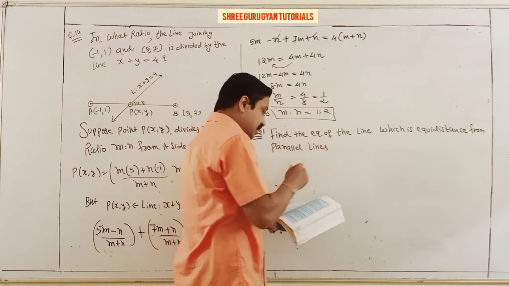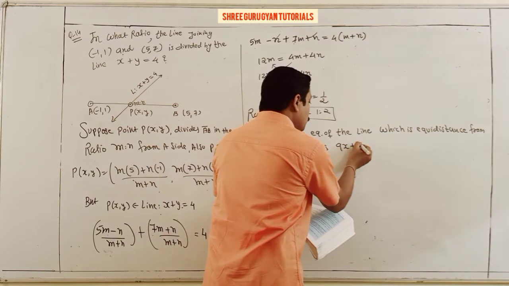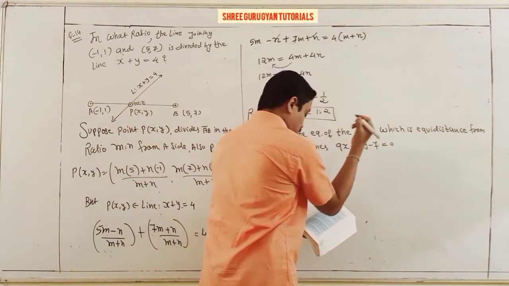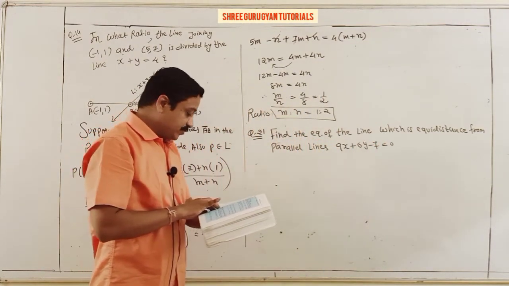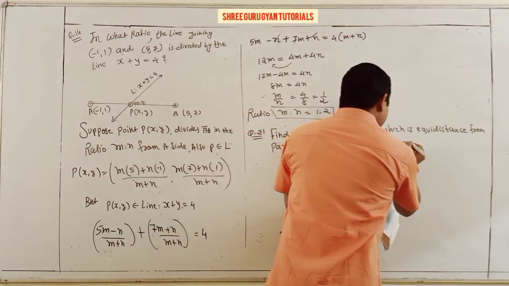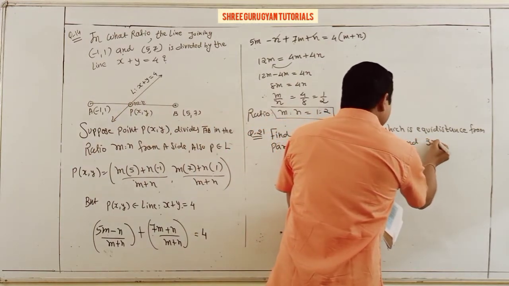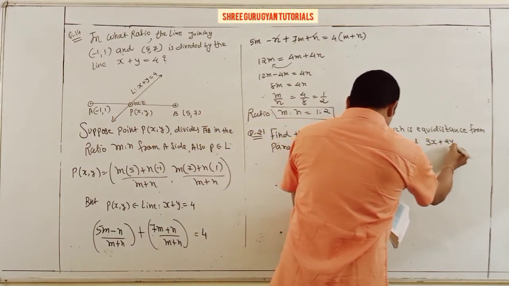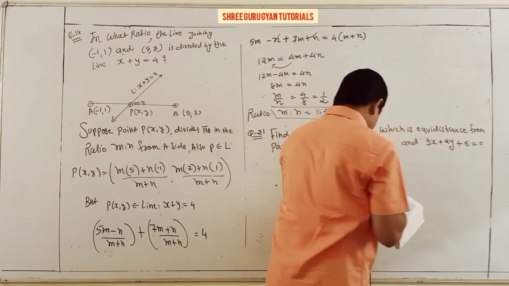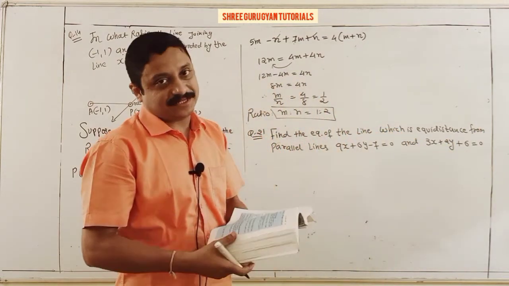One of them 9x plus 6y minus 7 is equal to 0, and secondly 3x plus 2y plus 6 is equal to 0.